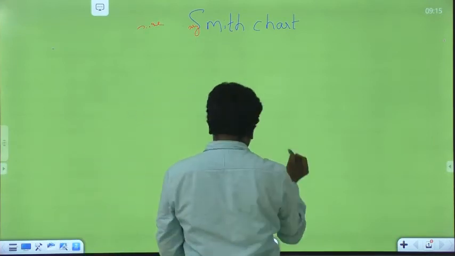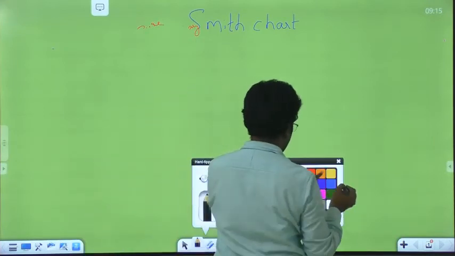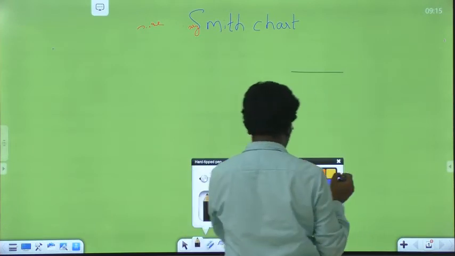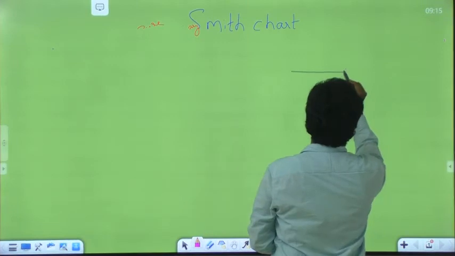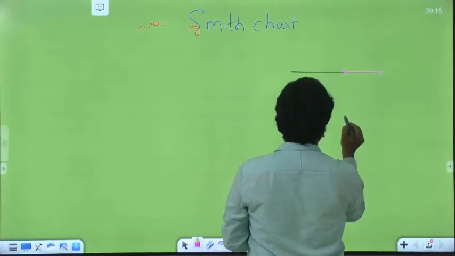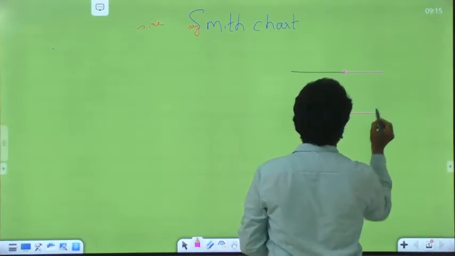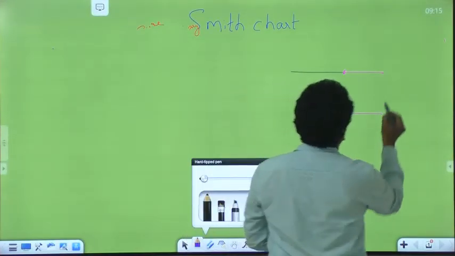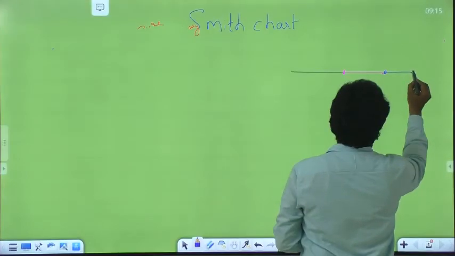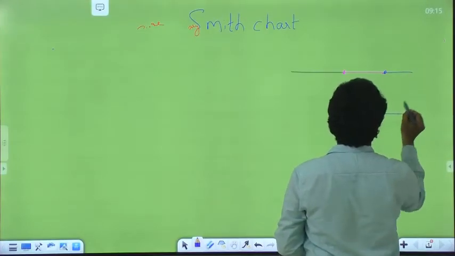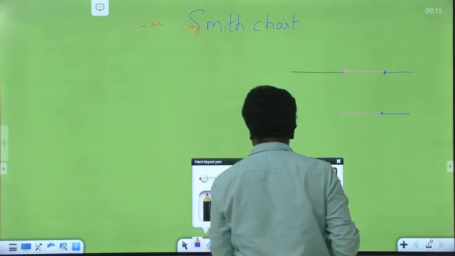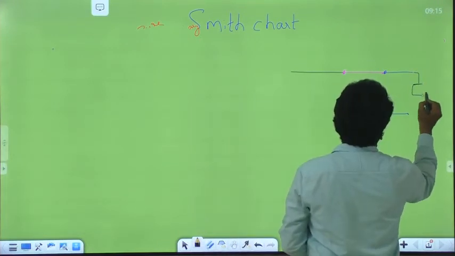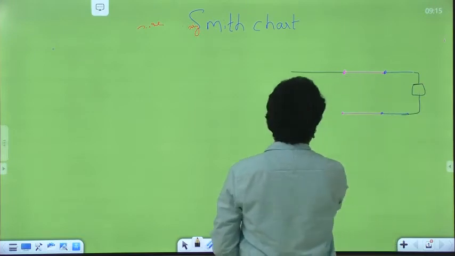So here this is a quarter transformer. What we have to do is place one more branch line of different characteristic impedance before this quarter transformer.